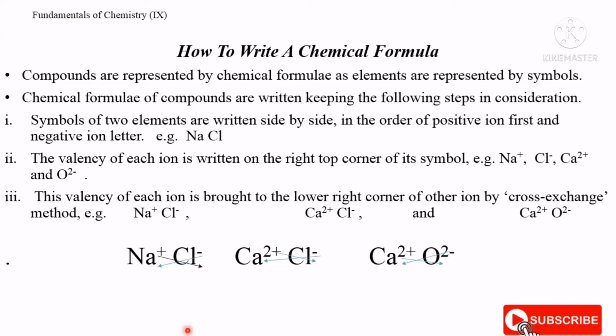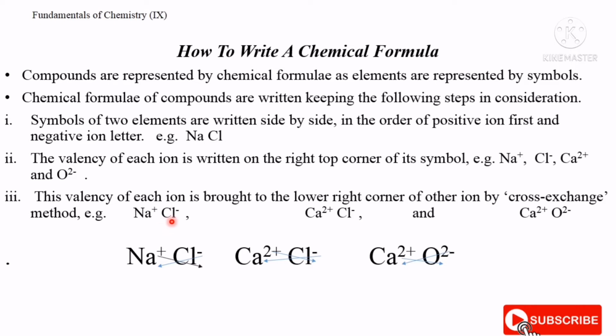For example, we have sodium and chlorine, Na positive and Cl negative. As from the first step we know that the positive ion is first and the negative ion is later. So sodium is positive, so it is written first, and chlorine is negative, so it is written later.